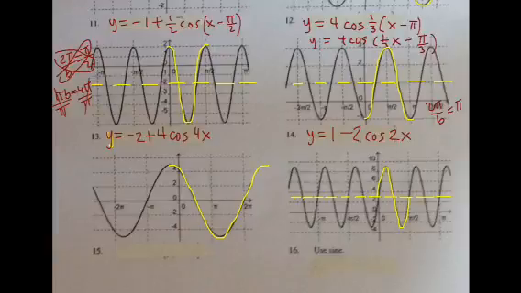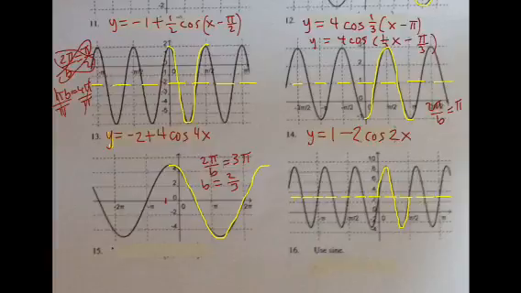So 2 pi over b equals 3 pi. That means b is 2/3, because you divide 2 pi by 3 pi. You get 2/3. There is a horizontal translation right here of -pi over 2. And the amplitude is 2 for every line, so it goes halfway between 4 and 6, so it's 5.